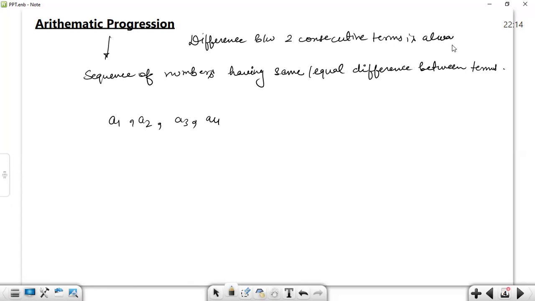So the difference between A1 and A2, the difference between A2 and A3, the difference between A3 and A4 should always be the same. And if it is the same, we call it the common difference.